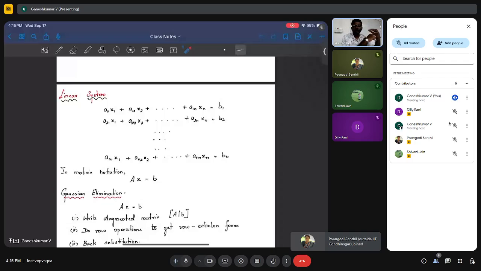It could be a differential equation, a partial differential equation, or an ordinary differential equation, but you may not be able to solve it by hand at some point.